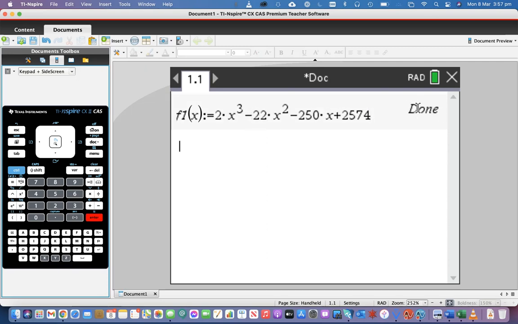Now, the good thing about that is that once you have got that in your system, you can just do things like go f1 of minus 1, for example. So you can actually test it to see whether it's going to be a factor by the factor theorem.